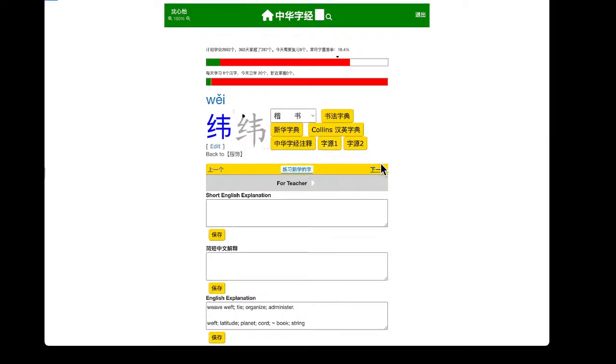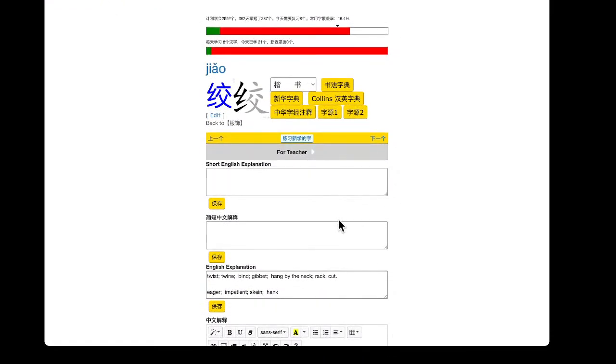Okay, next one. 绞. Now 绞 means twist, twine, bind. Okay. Now also means hang by the neck. Like 绞杀, 对吧？绞刑, right? So it's a punishment. It's a corporal punishment to kill someone by hanging the neck.